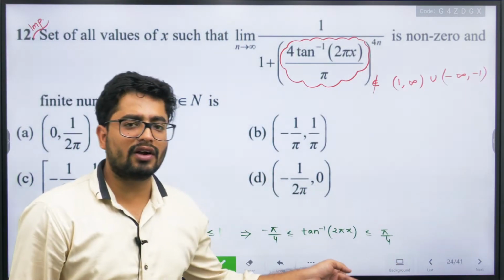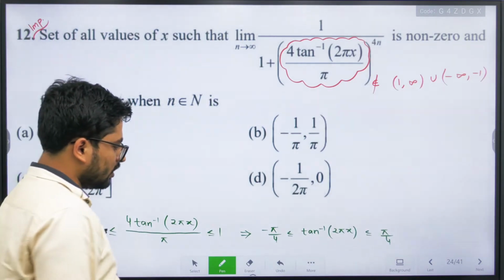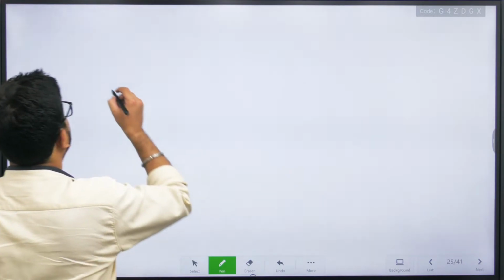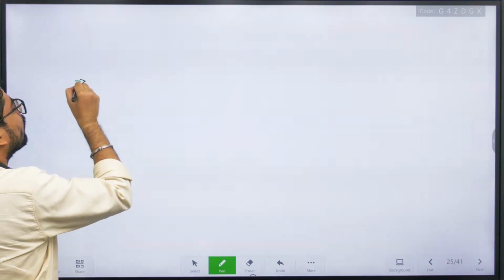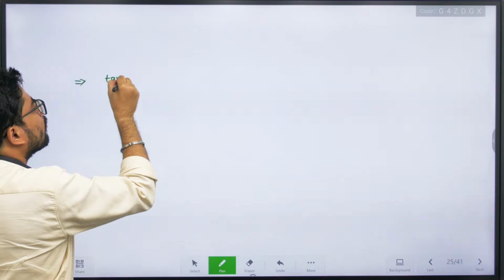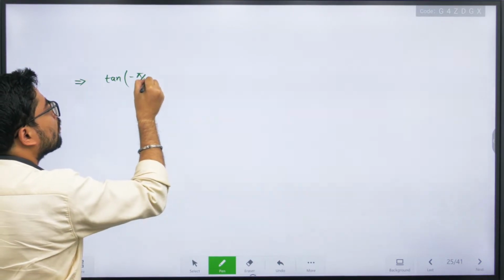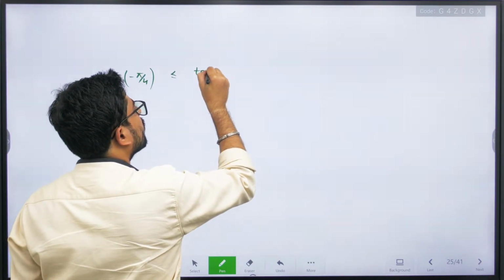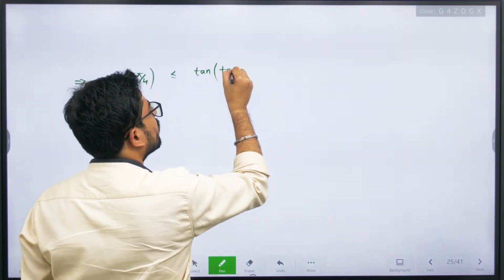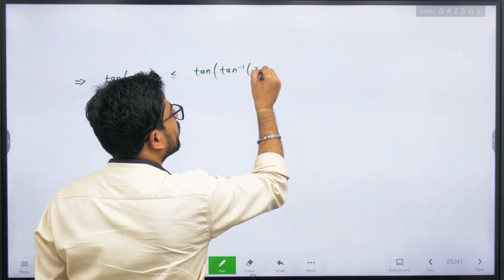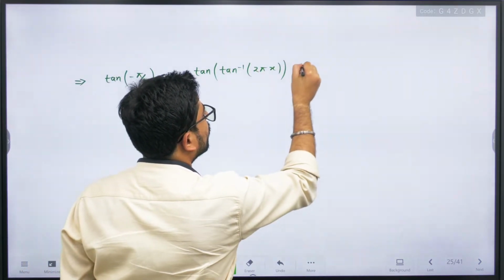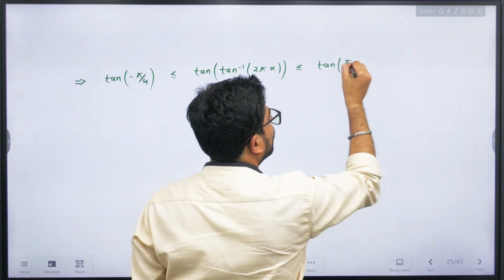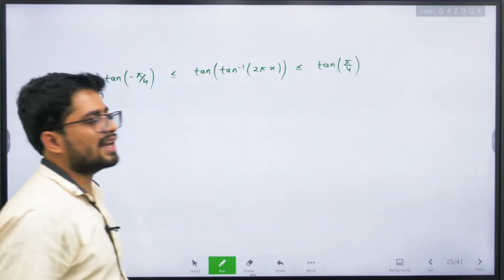Now taking tan on both sides, you will get tan of minus pi by 4 less than equal to tan of tan inverse 2 pi x less than equal to tan of pi by 4, because tan is an increasing function.